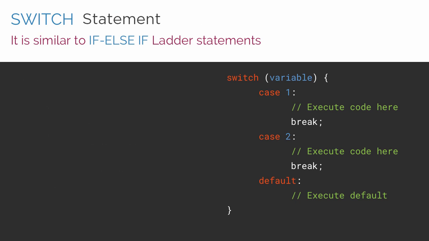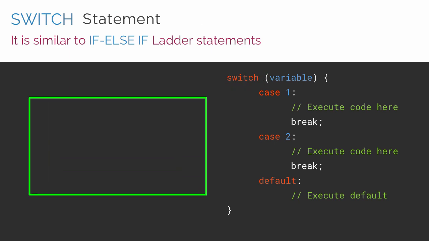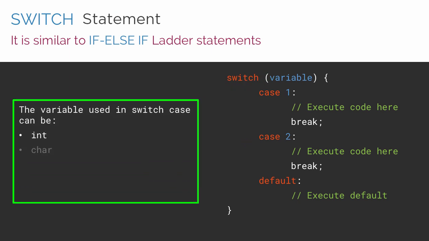And at the end, for your knowledge, if you notice, here we are using 1 and 2. Both are integer values. So why are we using integer values? Because in our example, we only used the character value. So the variable that we are using here can be int, char, byte, short, and even string.